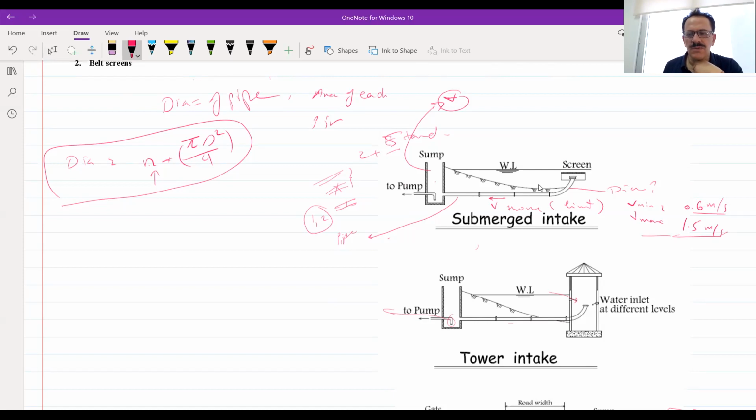The Reynolds number is equal to ρVd over μ. So when we have a high value of V, I'm going to have a Reynolds number more than 4,000, meaning a turbulent flow, which is not suitable for this case.